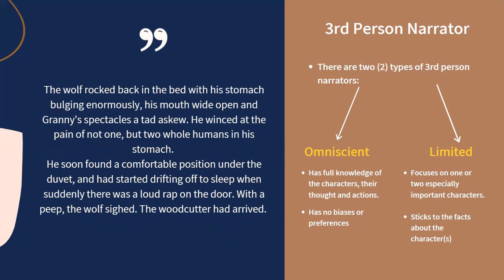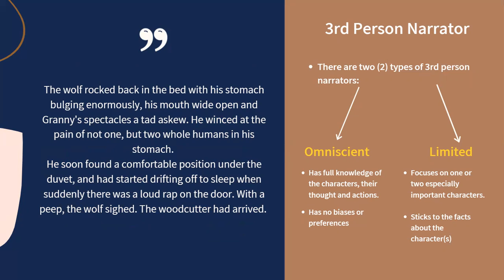Now, as Mary has rightly said in the chat, thank you so much, Mary, if a third person narrator can be omniscient, then it also means that he might not be able to have so much information. And this is called the third person limited.